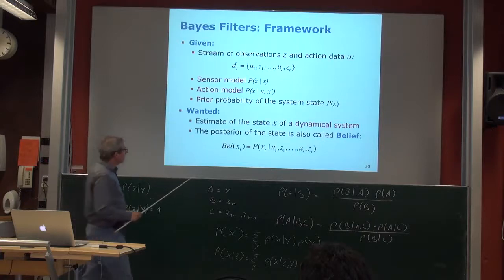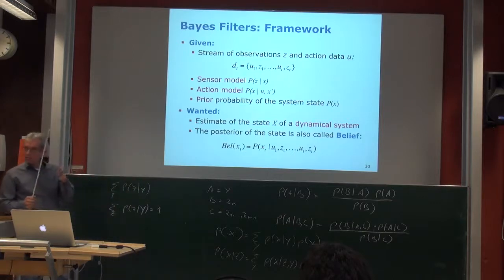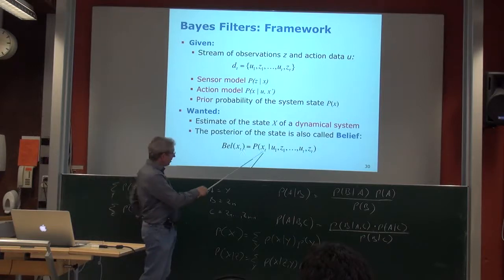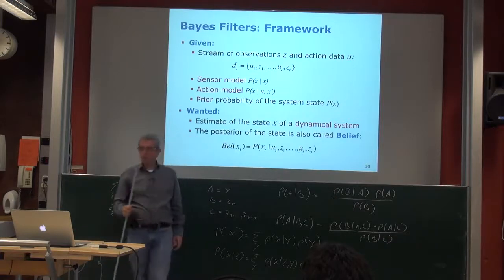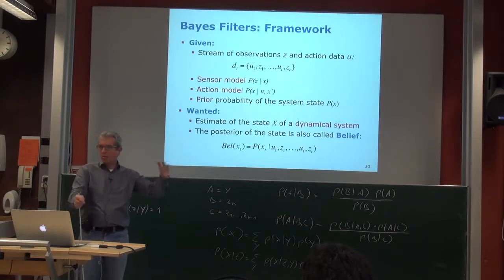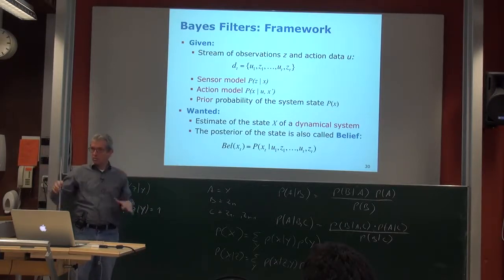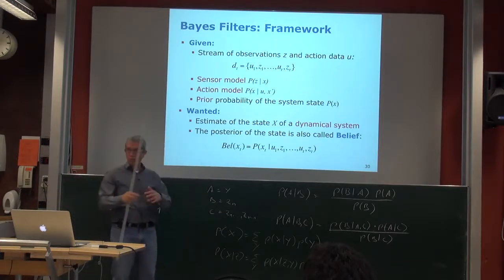So in general, what we're interested in is estimating the posterior about the state of the system at time t, which is p of x_t given all the controls that we executed and all the measurements that we had. You can, for example, consider this as a problem of a robot navigating around, having a map of the environment and using its sensors to measure distances to objects, and moving around, which are controls.